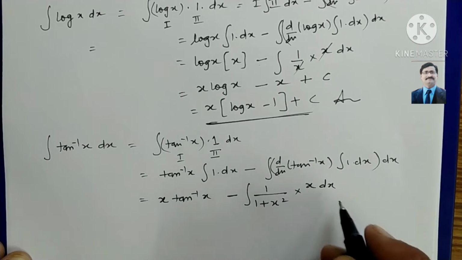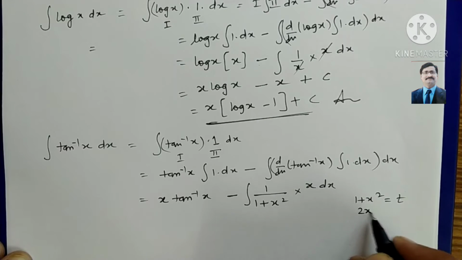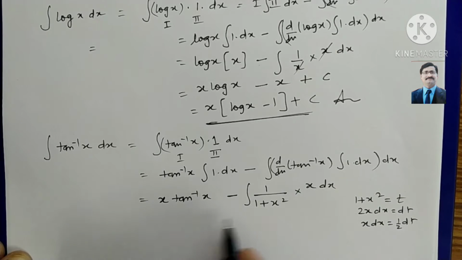Now here we can suppose 1 plus x square equal to t, so we get 2x dx equal to dt. So x dx equal to 1 upon 2 dt. We put these values in, so we get 1 upon 2 dt over t.